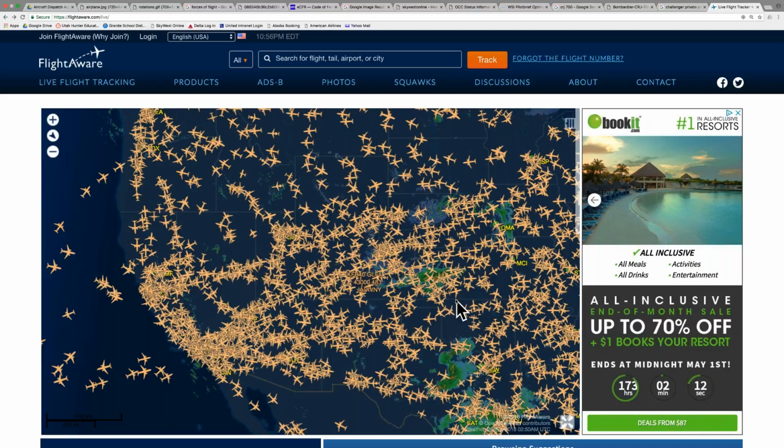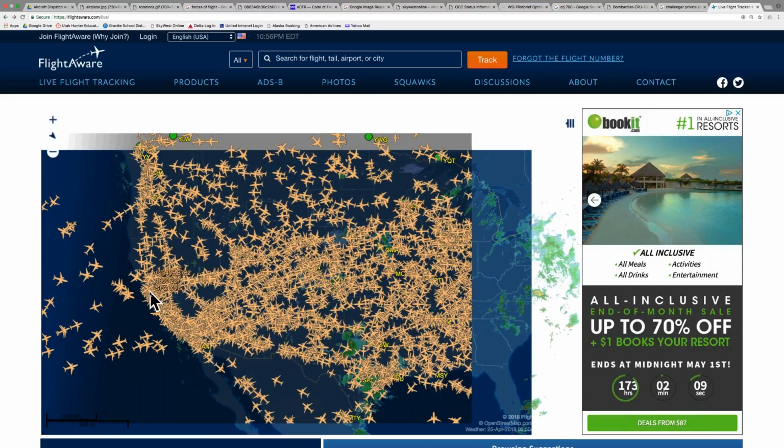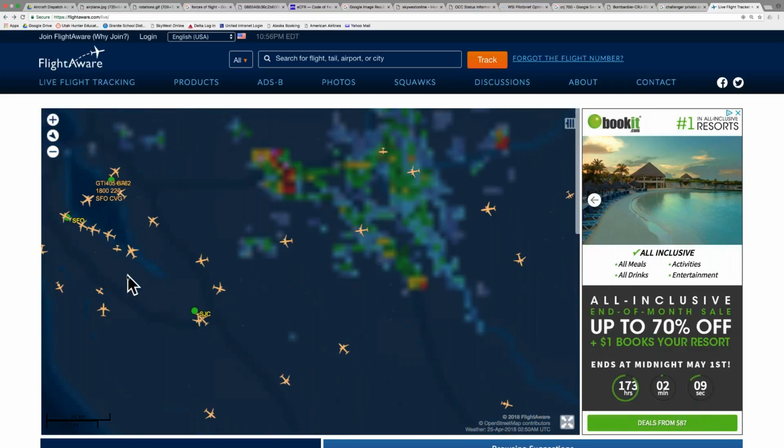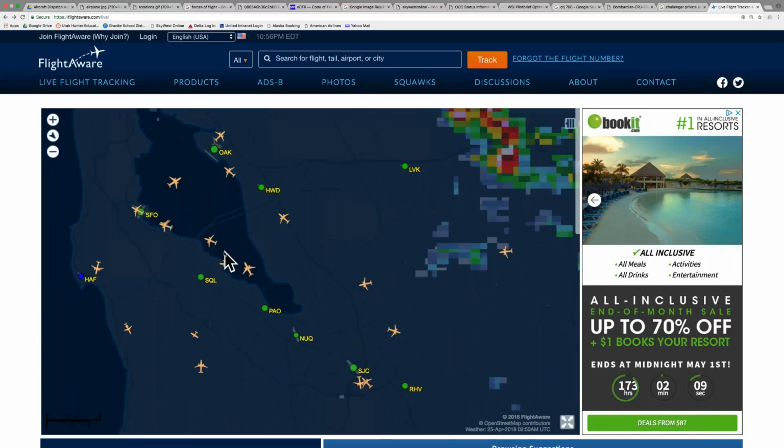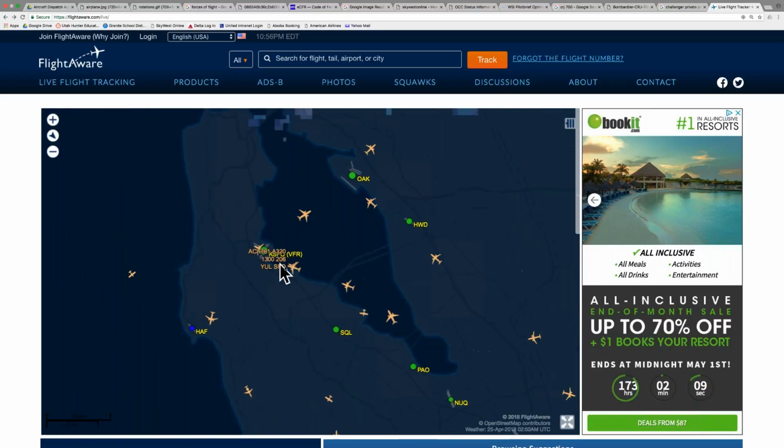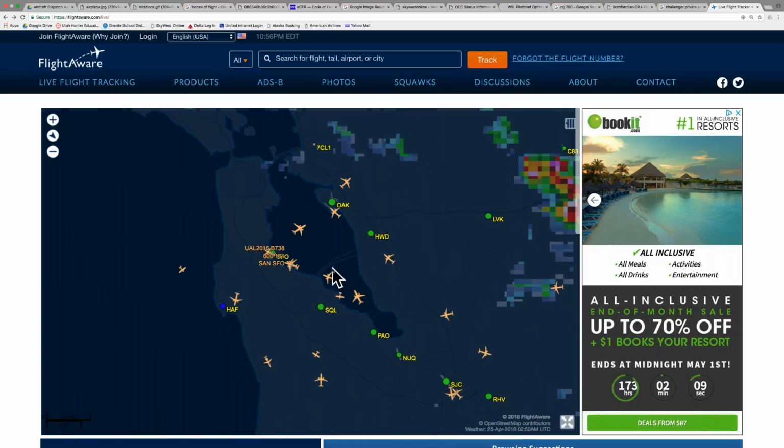So this is blown up huge in your face, and it just looks like a giant mess. It's not really that crowded. Don't get me wrong, it's definitely crowded, but when you zoom in and get real close and see how many airplanes are actually over a given area, well, yeah, there are definitely more cars on the 405 in LA right now, for sure.